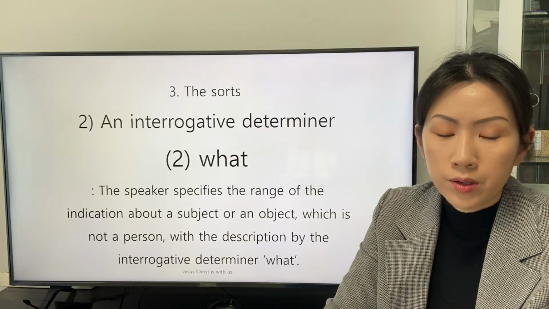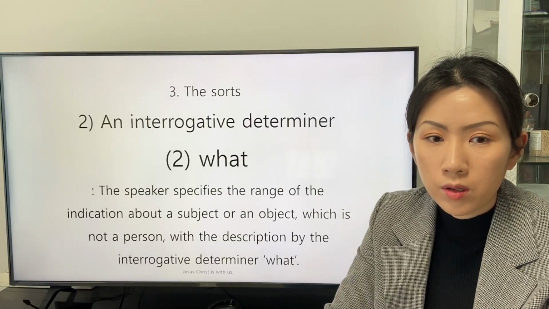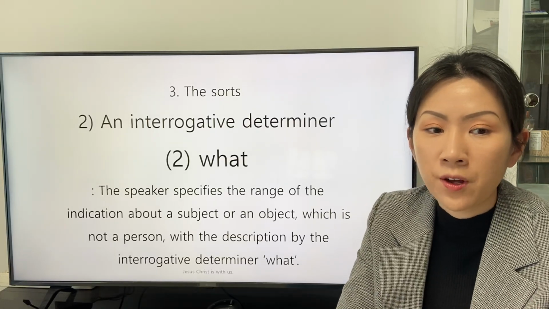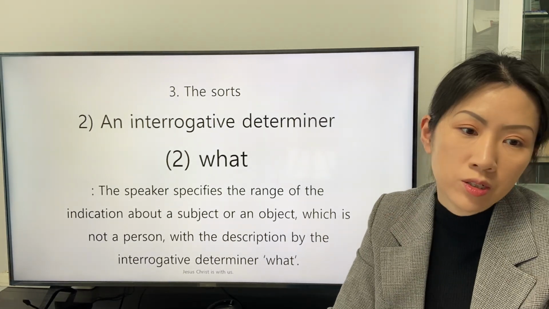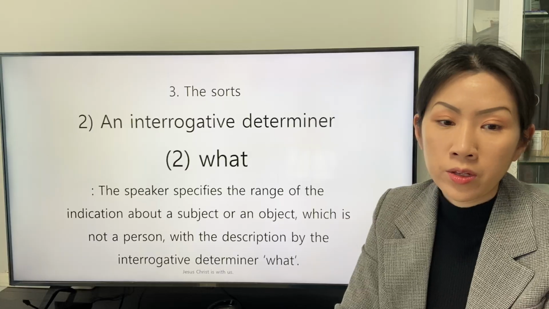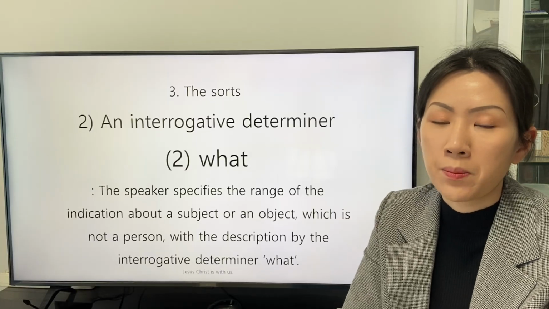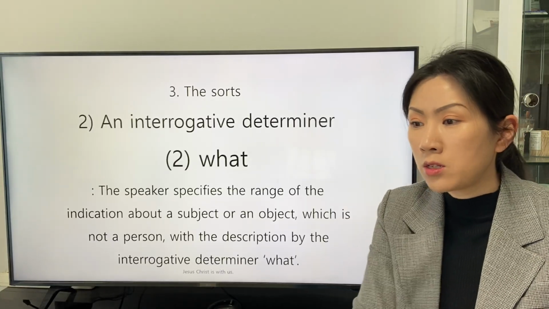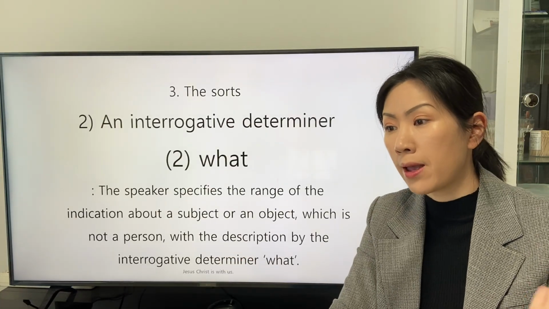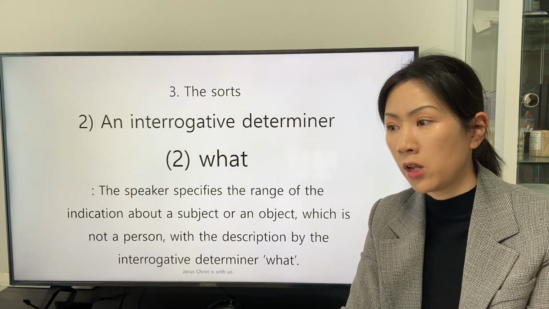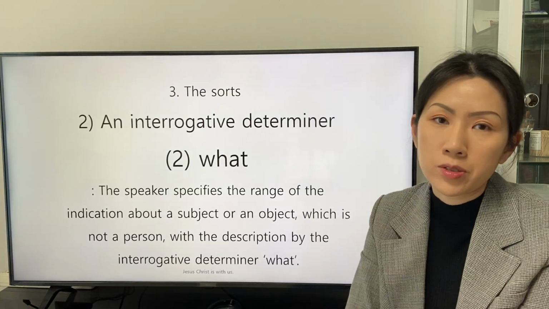The speaker specifies the range of the indication about a subject or an object which is not a person with a description by the interrogative determiner what. The speaker applies the interrogative determiner what to describe a subject or an object that is not a person.